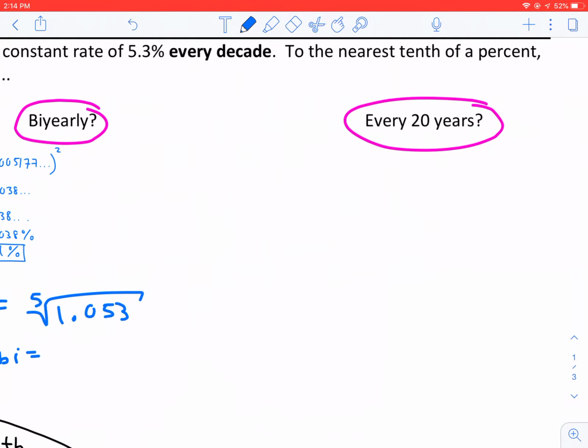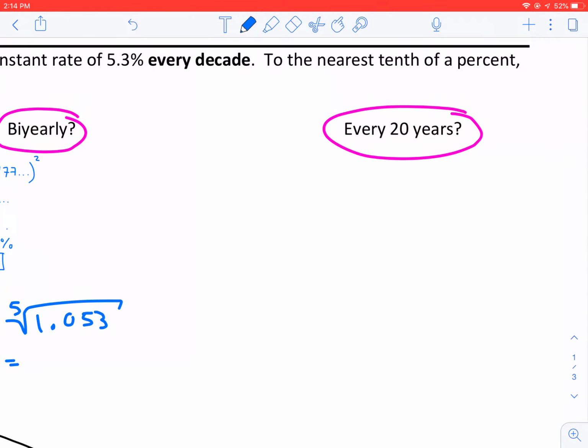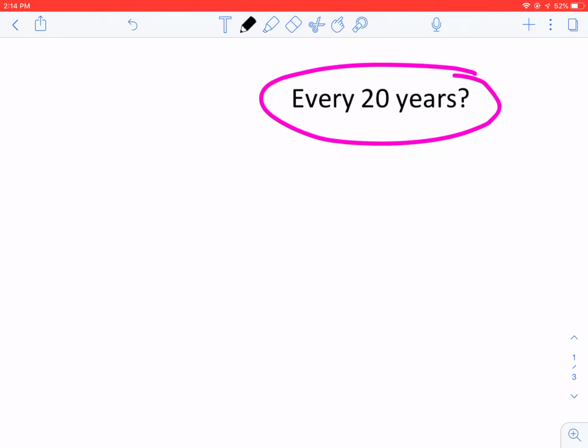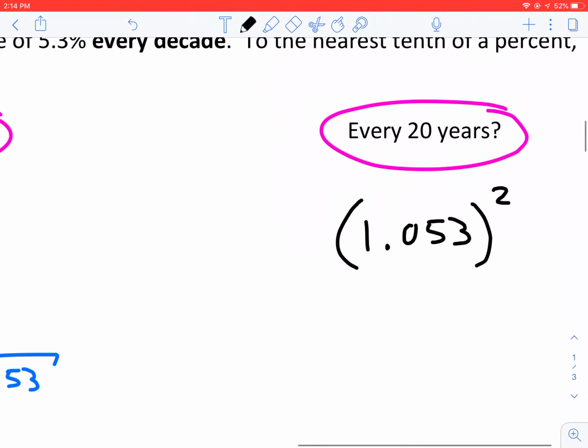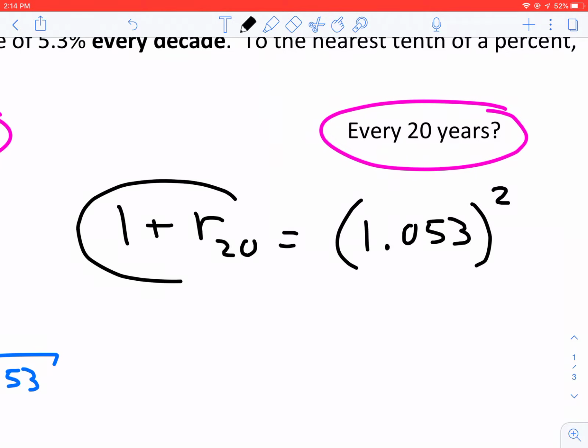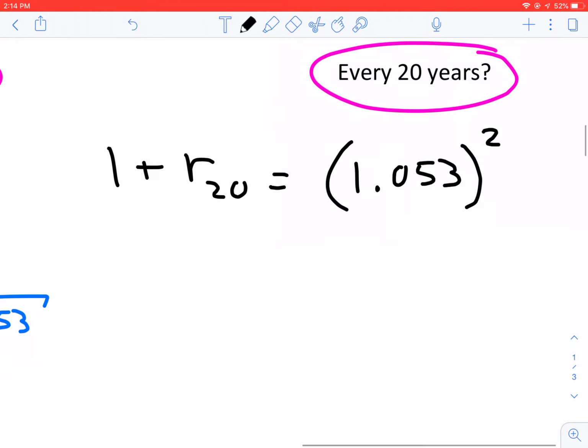And so every 20 years, that means I can take the decade growth rate, or growth factor, which was 1.053, and I could square it to get the every 20-year growth factor. And solving for r sub 20 here, let's see what that's equal to.